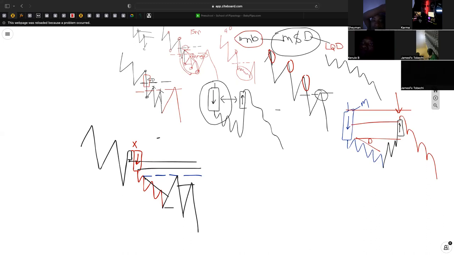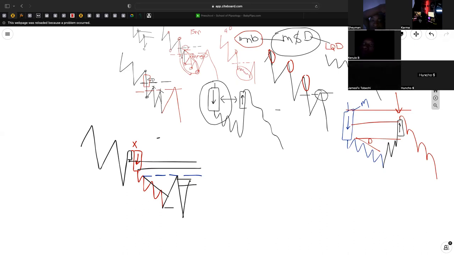So you already feel like this takes out liquidity and breaks structure, and you want to sell from here. The market will just sell a little bit, stop you out, then dump. So this is an incomplete pullback, even though it filled 50%.